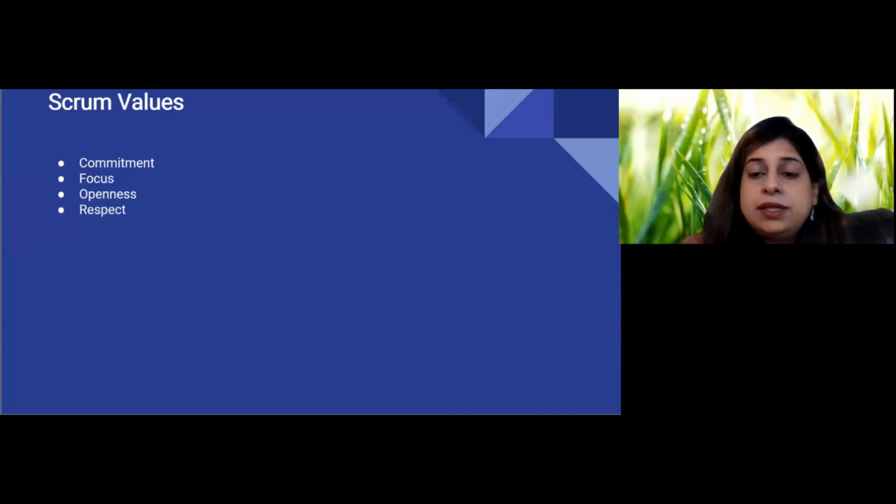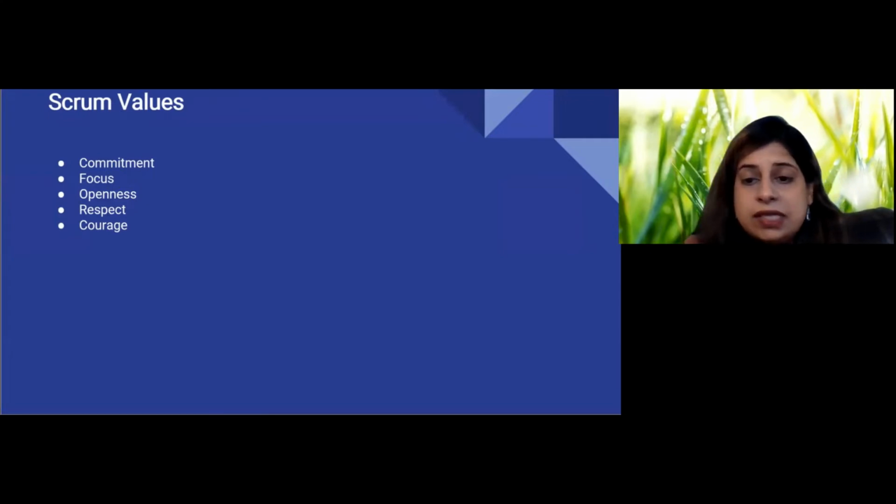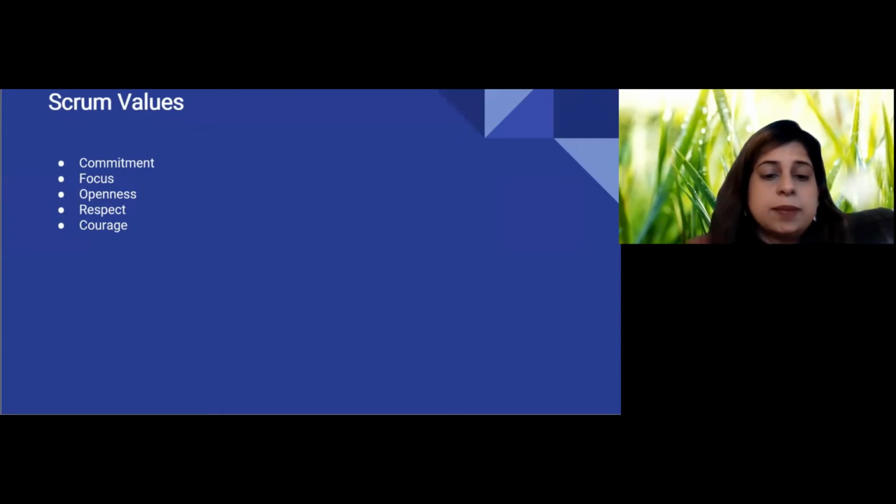They respect each other to be capable and independent people. They have the courage to do the right thing and to work on tough problems. When these values are embodied by the Scrum team and the people they work with, the Scrum pillars of transparency, inspection, and adaptation come to life, building trust.